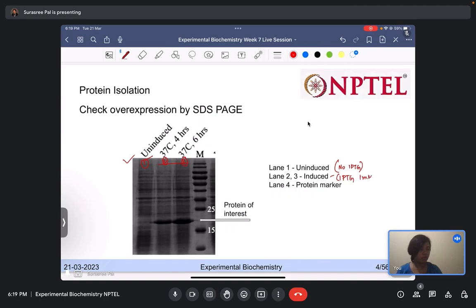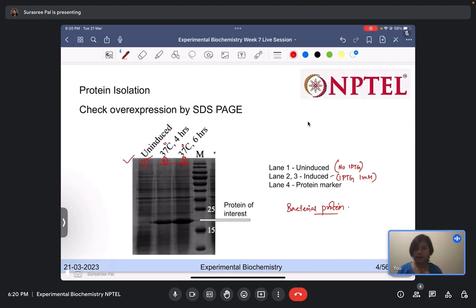1 millimolar IPTG was added in these samples, and this induction was carried out at 37 degrees centigrade. Both inductions were carried out at 37 degrees centigrade. Why? Because this is a bacterial protein which was overexpressed in bacterial cells.